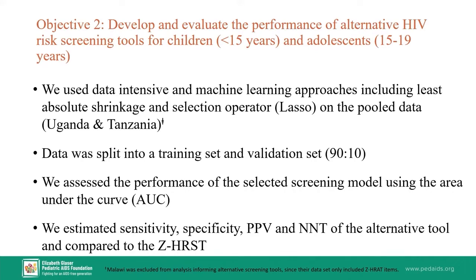An area under the curve greater than 0.8 is usually considered satisfactory, with an area under the curve equal to 1 indicating a very discriminative tool, and obviously an area under the curve of 0 indicating that the tool is completely useless, to be kind.